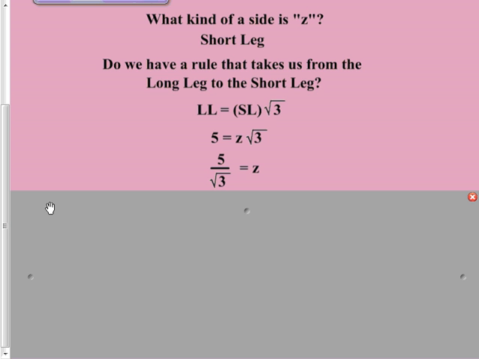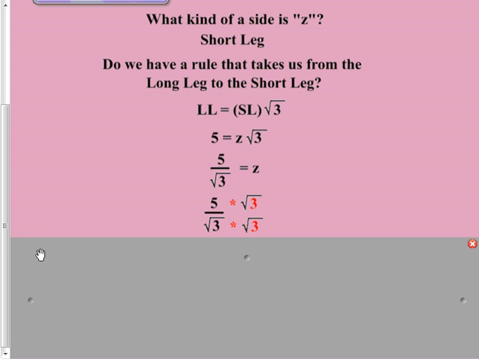And once again, it's considered bad format to leave a radical in an answer. So we're going to get that radical out. Do you remember how we do it? We're going to multiply by exactly the thing that we do not like. So we're going to hit that denominator with another square root of 3. And whatever we do to the denominator, we have to do the same to the numerator.